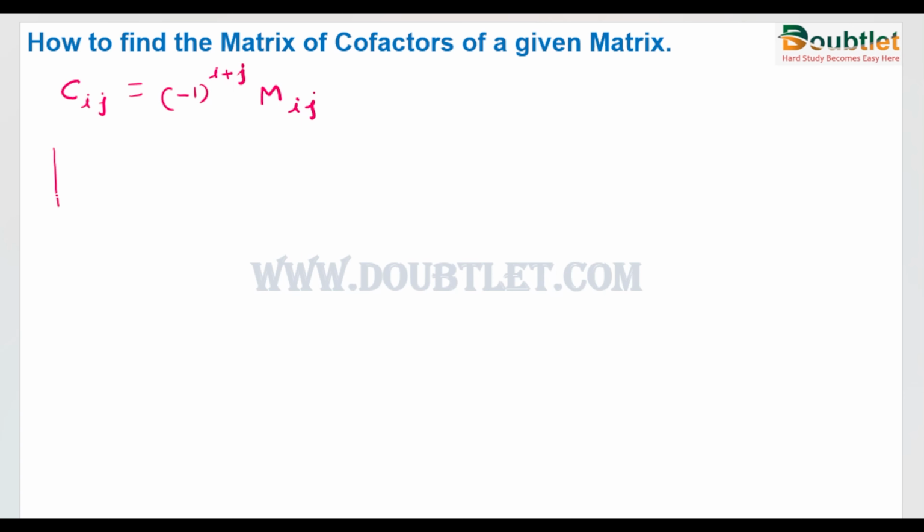So suppose there is a matrix A11, A12, A21 and A22. This is a 2 cross 2 matrix, and cofactor is only defined for a square matrix.